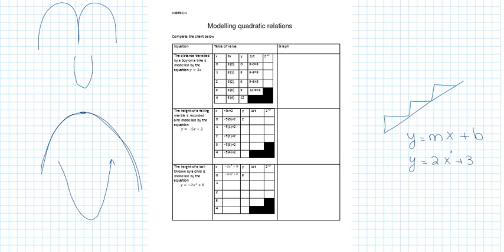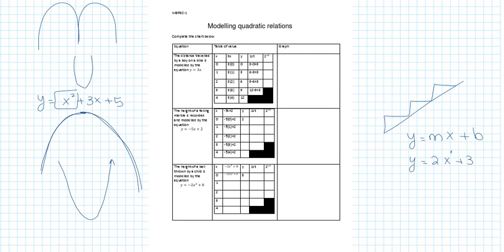When I look at an equation for a quadratic, I'm going to see something like this, where I have an extra term that has an x with a 2 on top, to the power of 2. That's why it's called quadratic. These are a new kind of function that we're going to learn in grade 11.